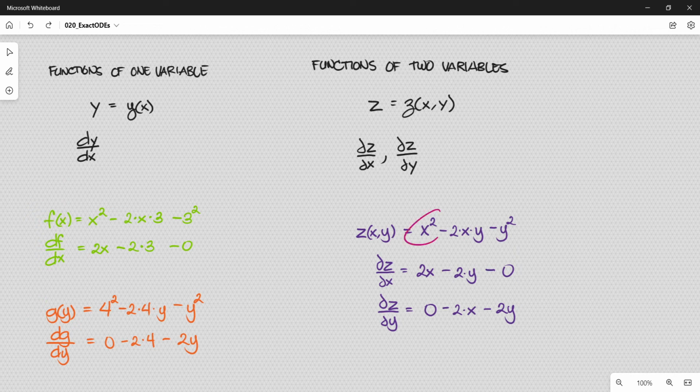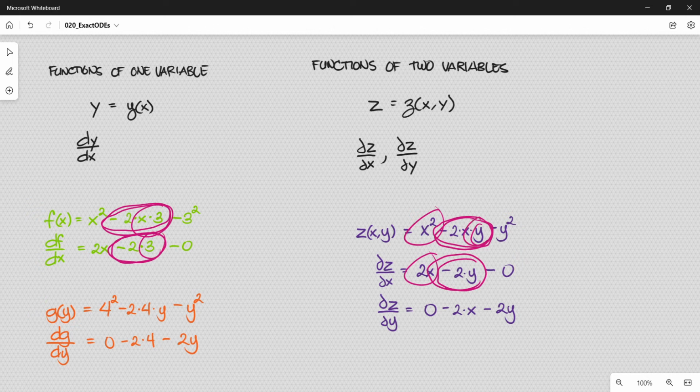So, eto, ang derivative niyan with respect to x, 2x, ganun pa rin. Tapos ito, i-hold natin yung y as constant. So parang ganito siya. Kung ano man yung nangyari dito, nung kinuha yung derivative, ganun din yung mangyayari dito, nung kinuha yung derivative. Pero imbes na 3 dito, y dito. So in-hold natin yung y as a constant.